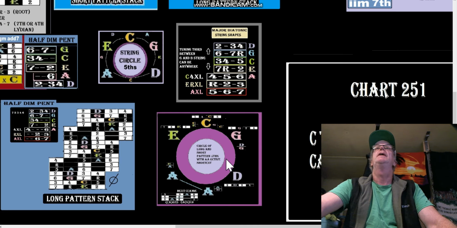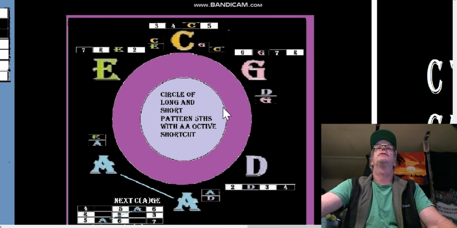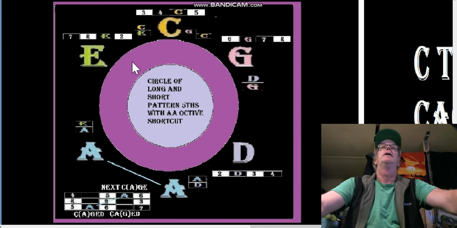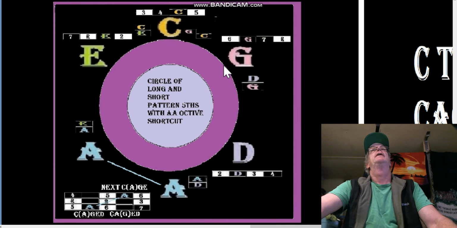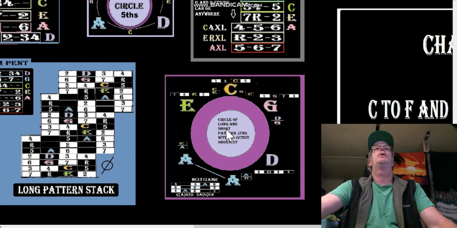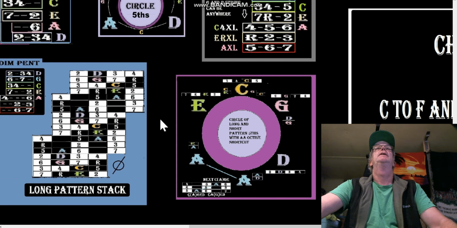Maybe I haven't. Don't let this particular string shaped circle confuse you. It's just doing a substitution with the long patterns here. So this goes along with the long pattern stack here, right?